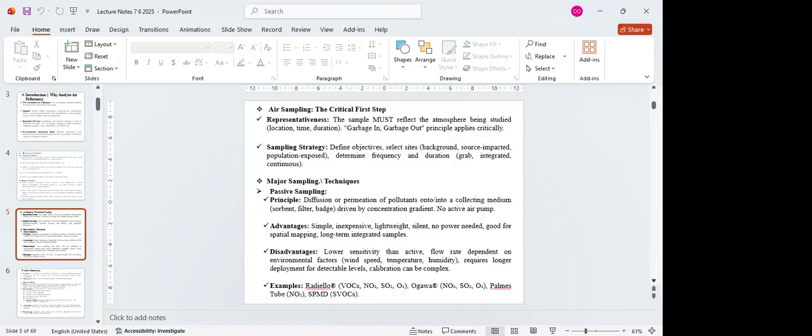For those of us who are conversant with metropolitan areas, if you go into, let's say, Abuja, for example, and you want to sample a place like Maitama, the parameters and objectives for sampling Maitama may not be the same for sampling a place like Gishiri or Maraba or Nyanya.